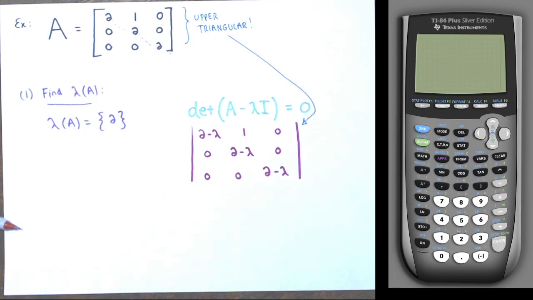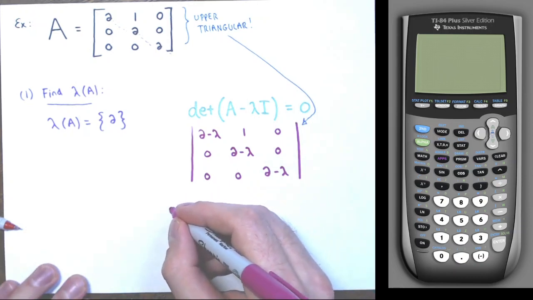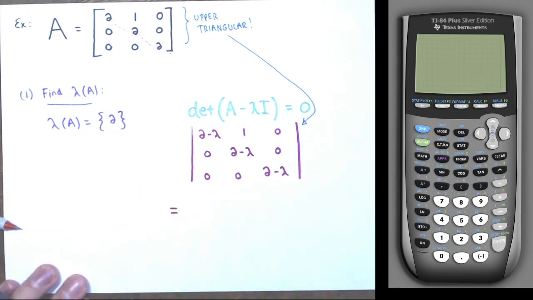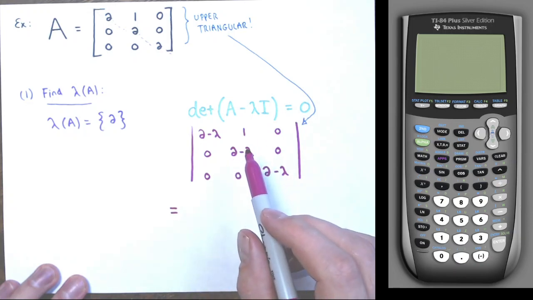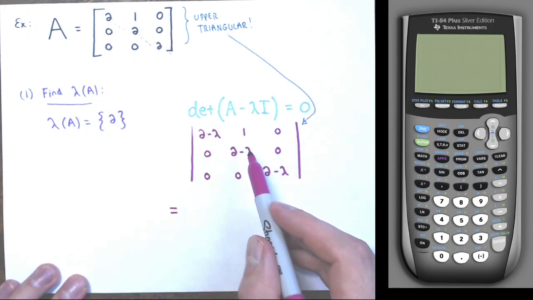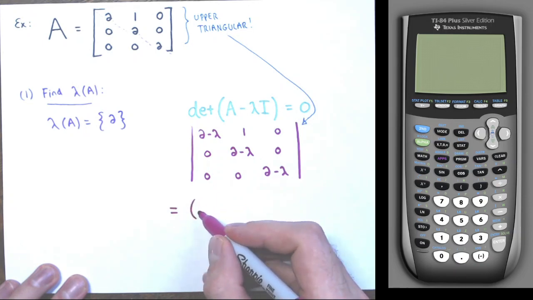But either way, whether it's upper triangular, lower triangular, or diagonal, you can do cofactor expansion, but hopefully you remember this result: the determinant of a triangular matrix was simply the product of the diagonal entries.